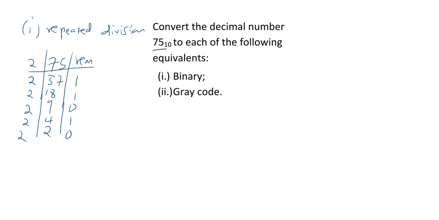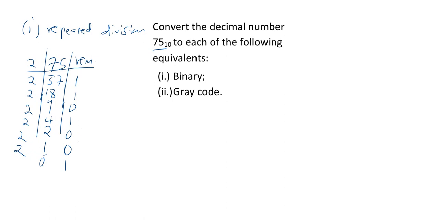We divide 2 by 2, we get 1, and the remainder is 0. We divide 1 by 2. 2 goes into 1 zero times, and we remain with the 1. So we have divided 75 repeatedly by 2, and we have written the remainders in this column.